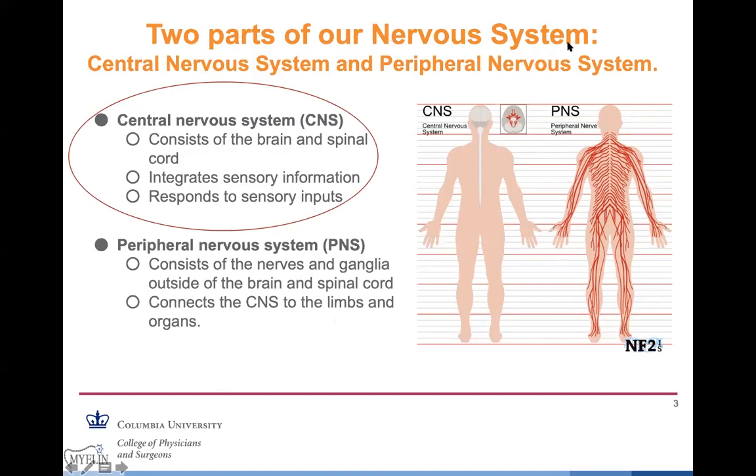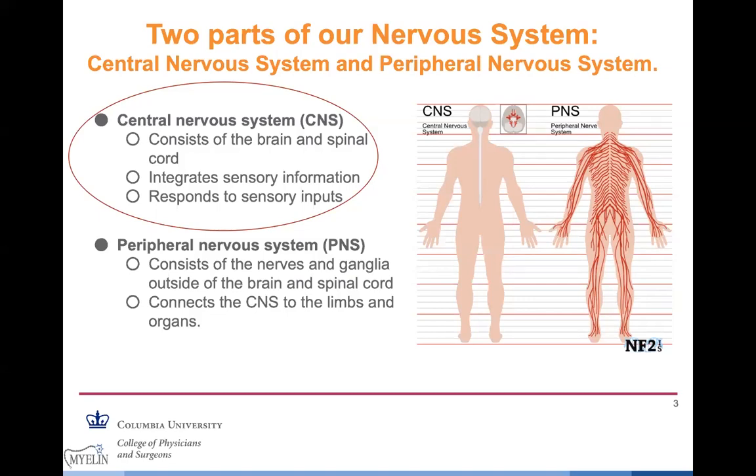So there are two parts of the nervous system, and that is the central nervous system and the peripheral nervous system. The central nervous system is really the brain and the spinal cord, which is an extension of the brain in a column that extends through our vertebral bones down to our lumbar region.